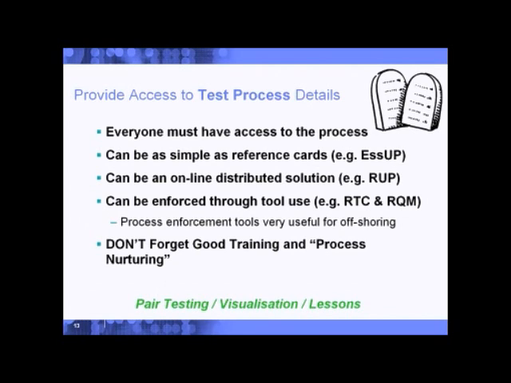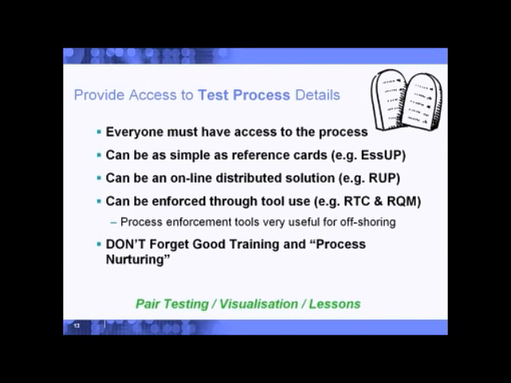You won't be surprised to hear, amongst the case studies in the book, there were numerous examples of projects where different approaches, different techniques were used to provide process access.